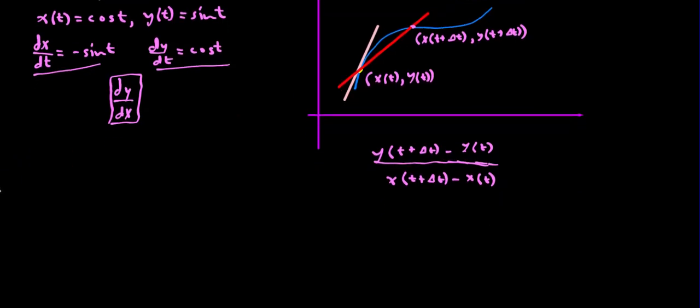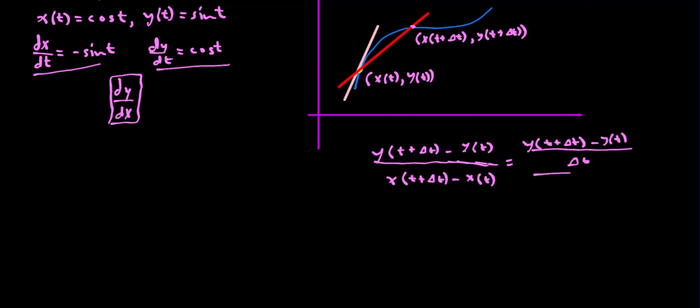Now, I want to do something a step further. I'm going to divide the top and the bottom by delta t. I'm going to multiply the top and the bottom by 1 over delta t. That's just like multiplying by 1, so that doesn't hurt anything. So I've got y of t plus delta t up top minus y of t, and right underneath it, I've got delta t.